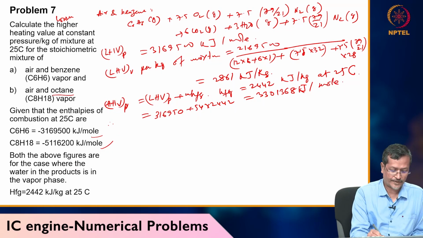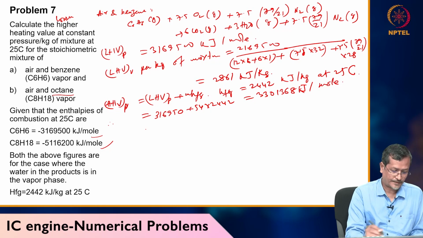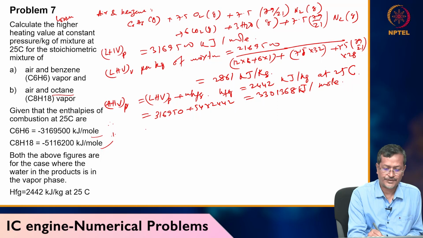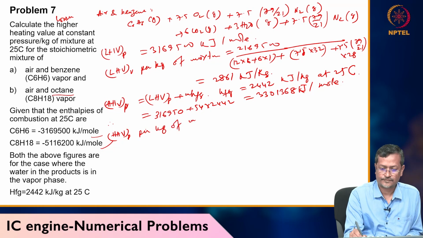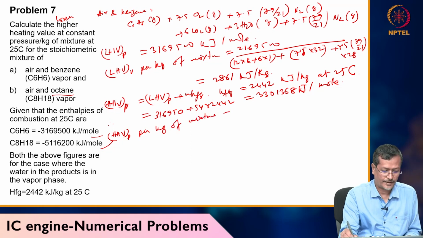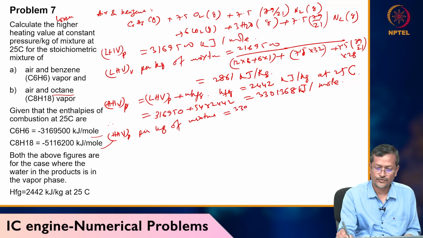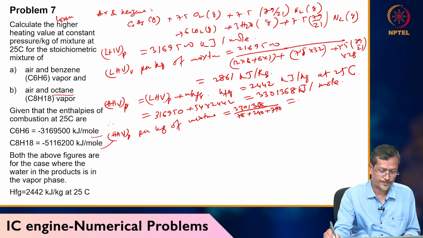Thus the higher heating value at constant pressure per kg of mixture equals 3301368 divided by (78 plus 240 plus 790), which becomes 2980 kJ per kg.